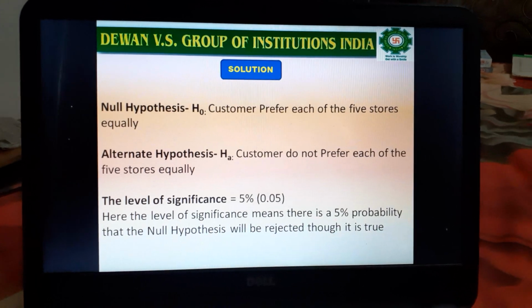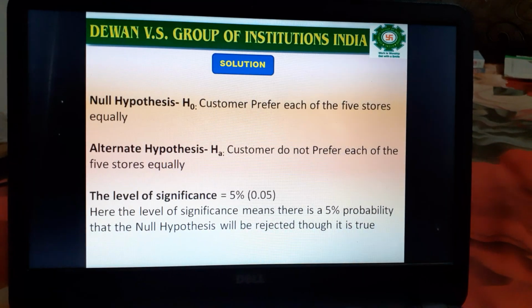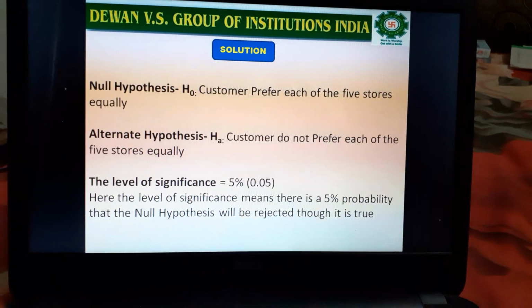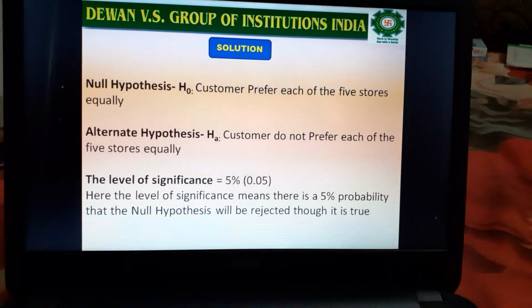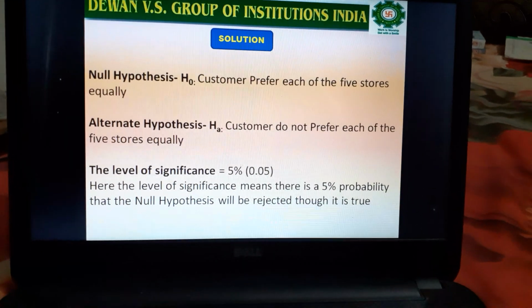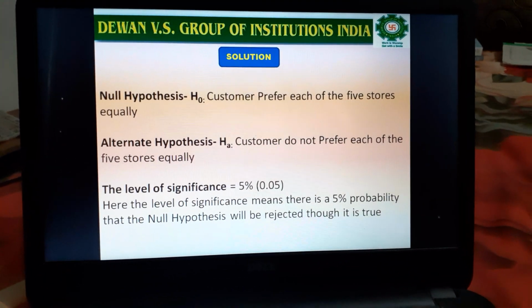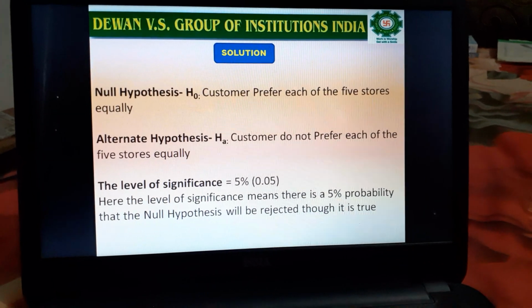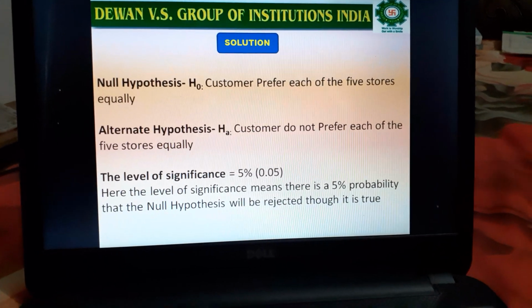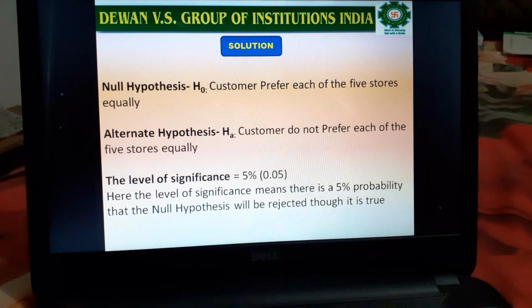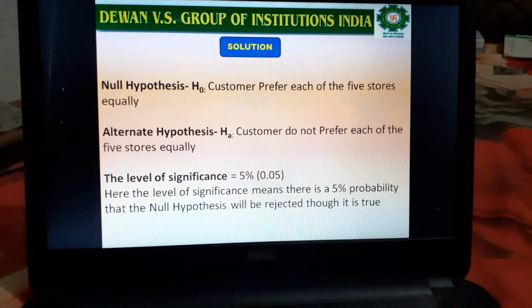The second part, the alternate hypothesis HA, as per the nature of the question, is that customers do not prefer each of the 5 stores equally. In the question, the level of significance is given as 5%. What basically does the 5% significance mean? It means there is a 5% probability that the null hypothesis will be rejected even though it is true.